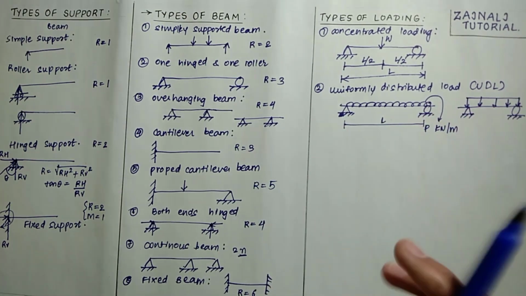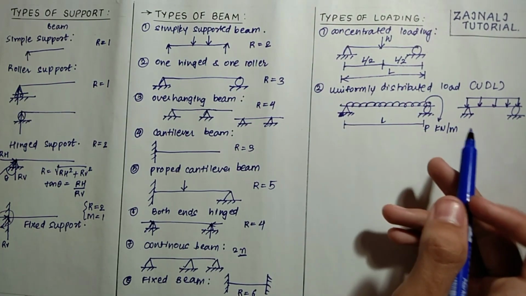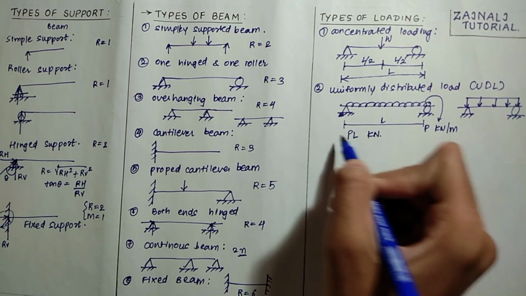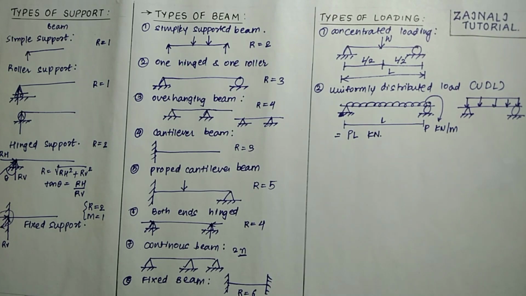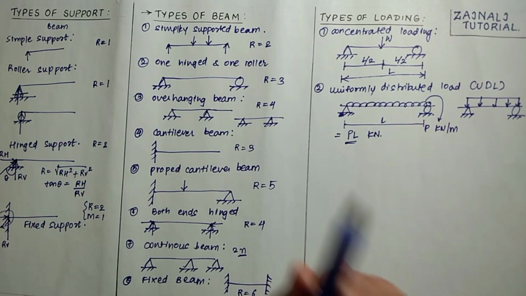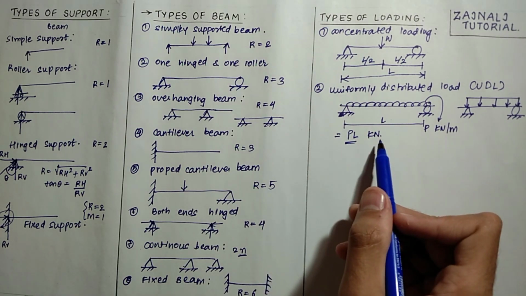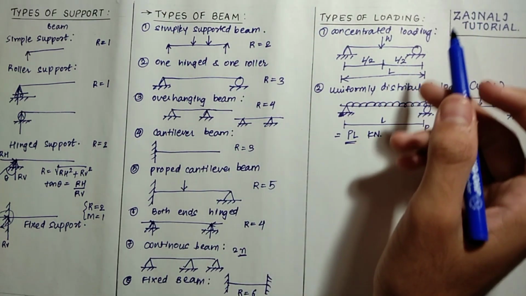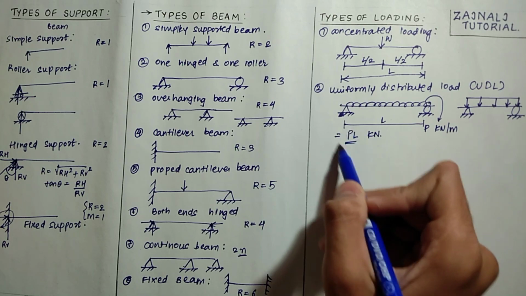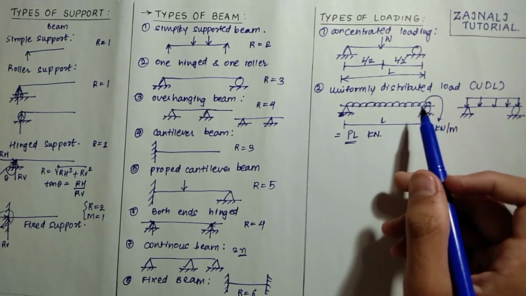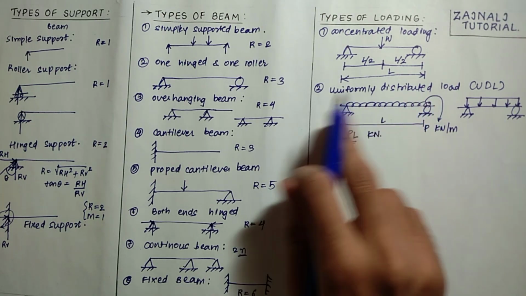If the length is equal to L, then the total intensity of the load would be given as PL kilonewton. Now, this PL kilonewton is again the point load only, which is the total load of the uniformly distributed load acting throughout its length.